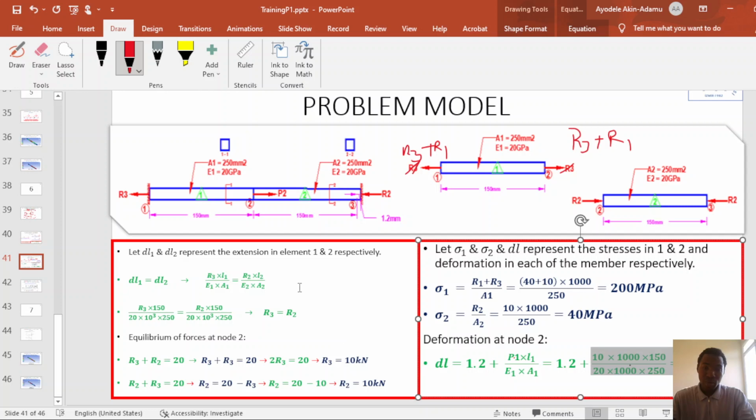So we are going to validate our finite element solution with the result we got from this calculation. So now I will move to the finite element calculation procedure.